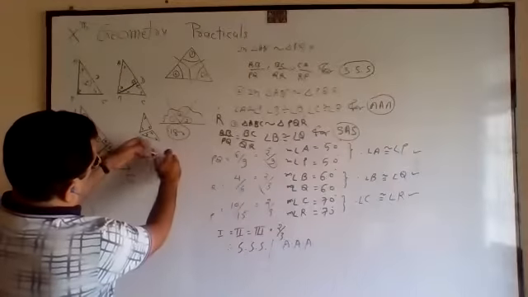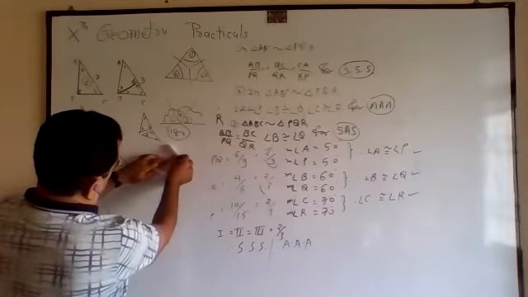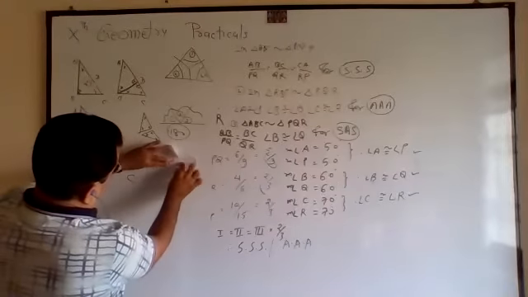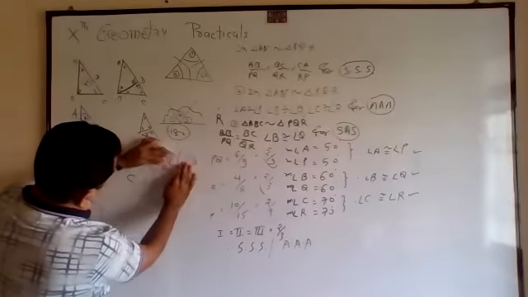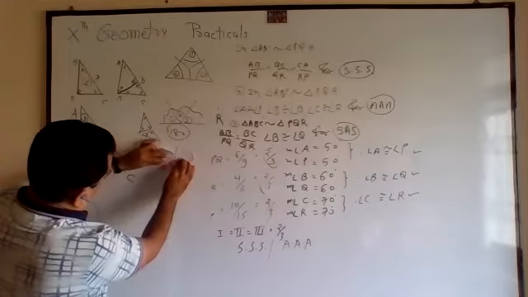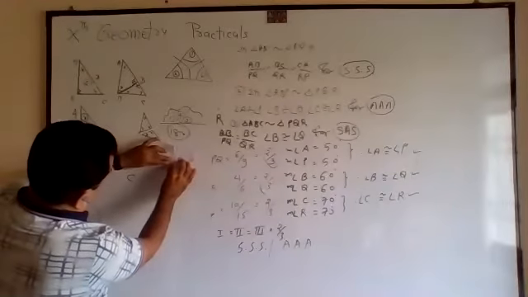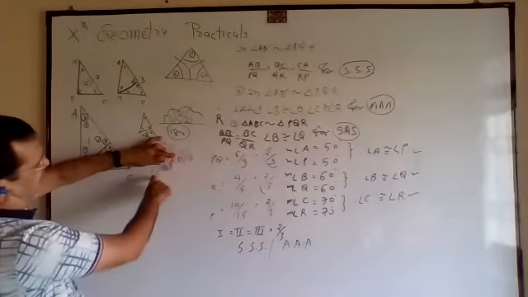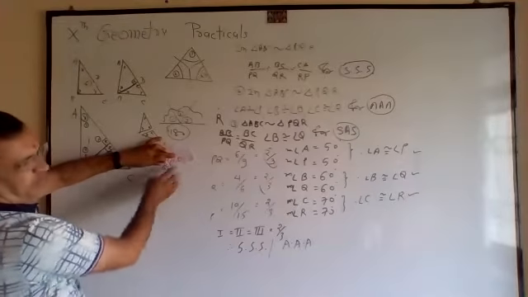So this is first, this is second, and this is third. First, second, and third. You can see a straight line, so it is a half circle. A straight line means 180.